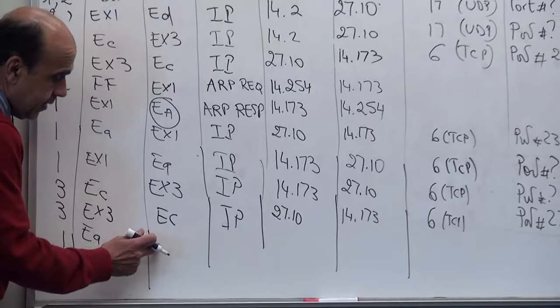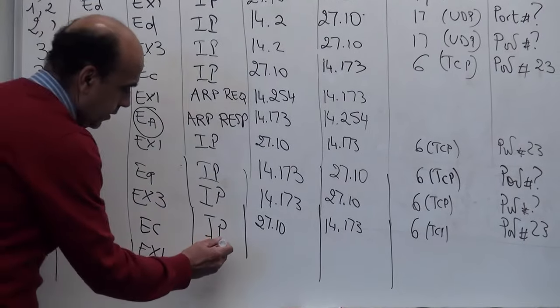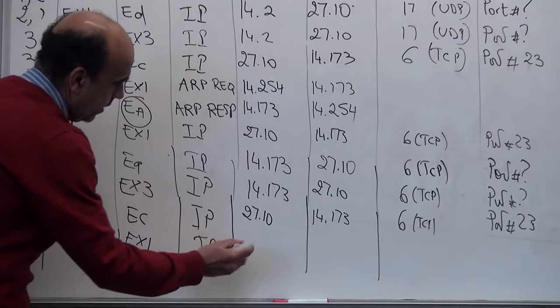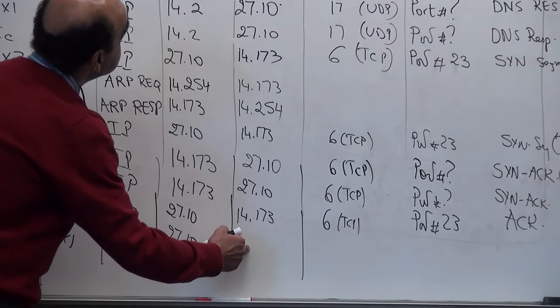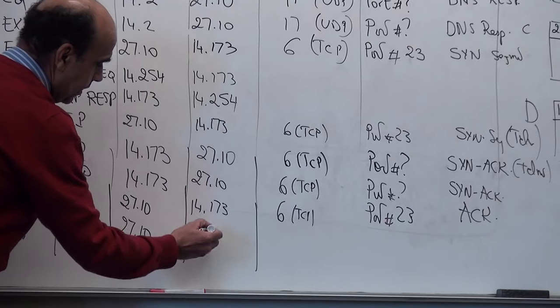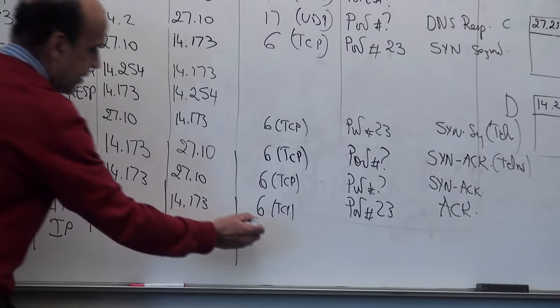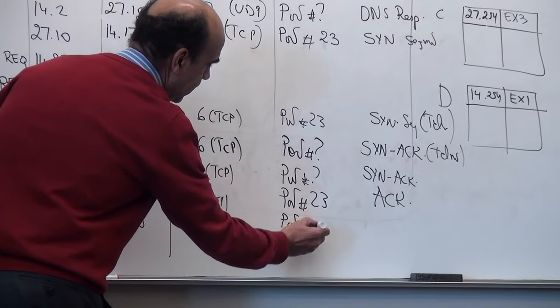Who is sending these? EX1. The type is IP. The destination is 14.173. The protocol is 6. It's the same port number, 23.